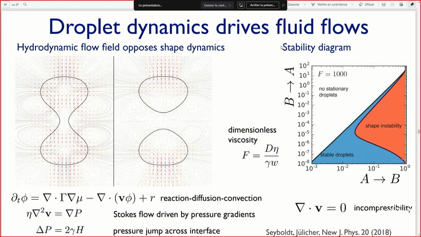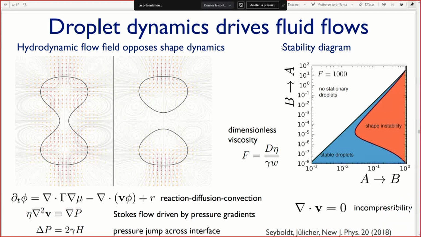You don't couple this usually to hydrodynamic flows. But here we generate shape changes by the chemical activity. So the chemical activity works against surface tension and deforms these droplets. And by doing that, the curvature is no longer constant on the surface, which means that the Laplace pressure is now variable along the surface. This then implies that there are pressure gradients. And these pressure gradients now drive hydrodynamic flows.